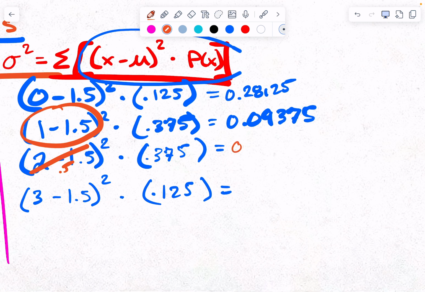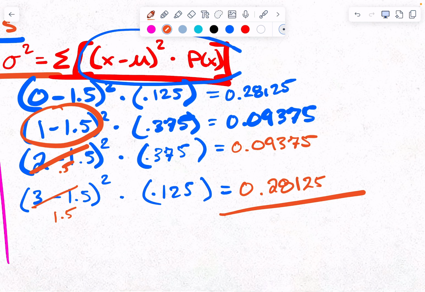Yeah, that would be the same thing again. 0.09375. 3 minus 1.5 is 1.5. 1.5 squared is 2.25 times 0.125. 1.5 squared times 0.125 gives 0.28125. That should be the same as the top. If I add those all together, times 2.